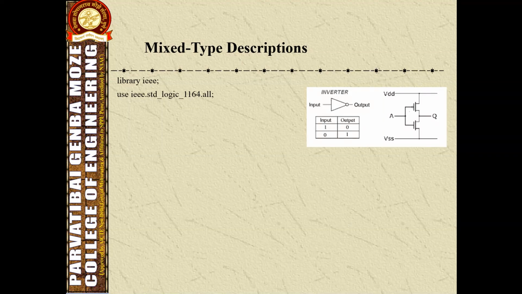So today we are going to take one small example, an ALU which performs some logical or arithmetic operations, and we are going to use two types of description: one is data flow and the other is behavioral description.